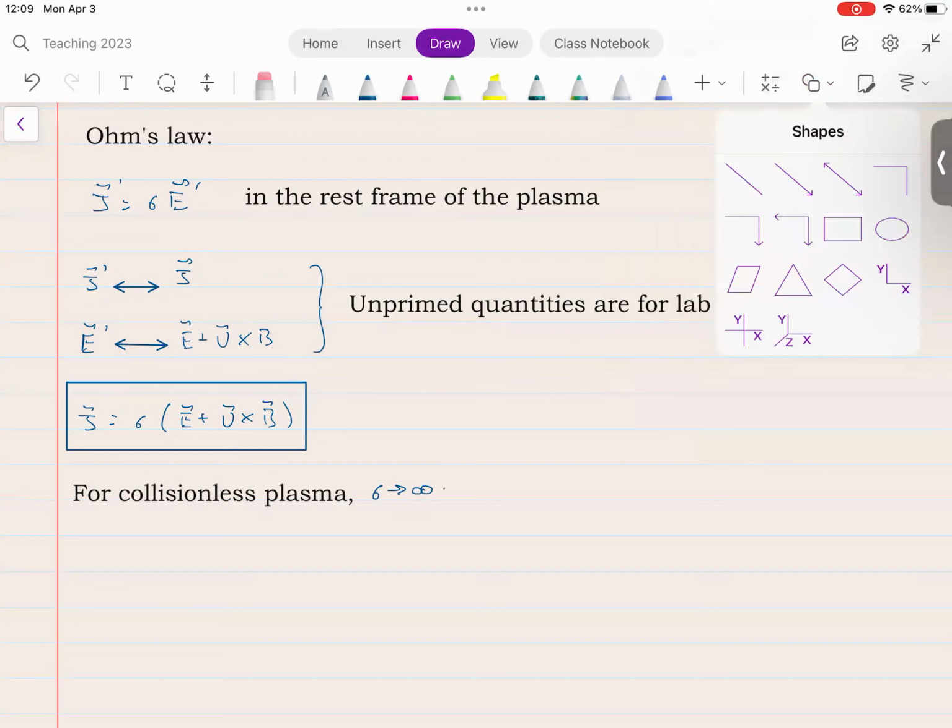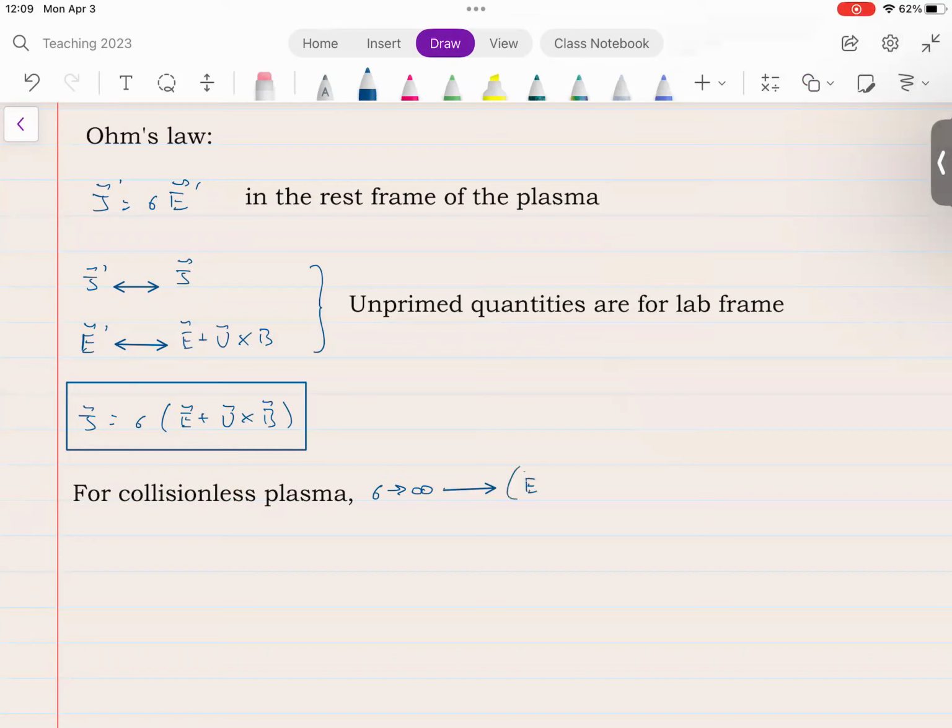Sigma goes to infinity, and therefore here E plus U cross B goes to 0.